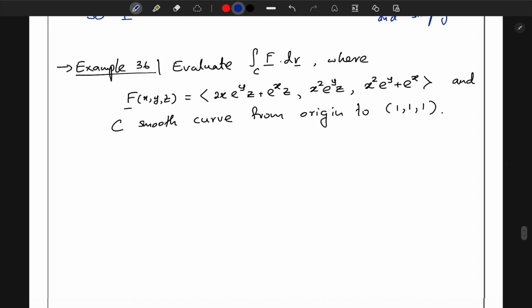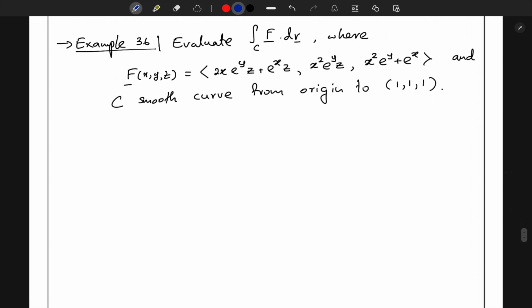Let's move to the next example, example number 36. Our goal is to evaluate this integral where f is given by this formula and c is a smooth curve from the origin to (1, 1, 1).